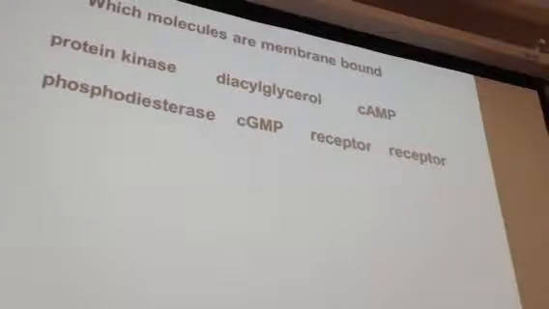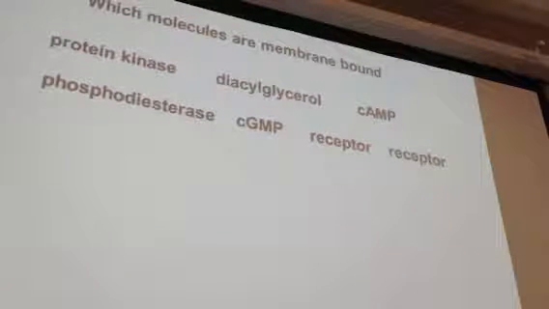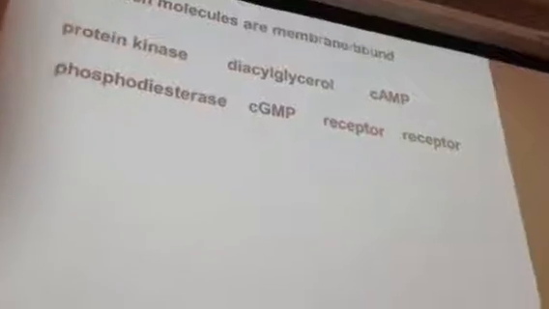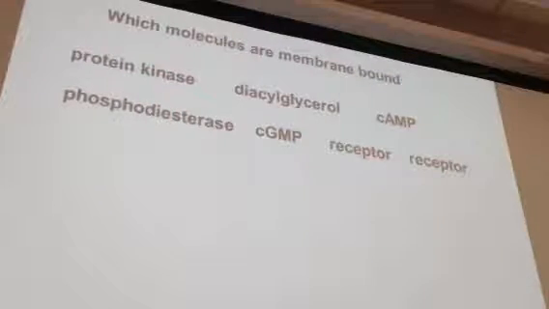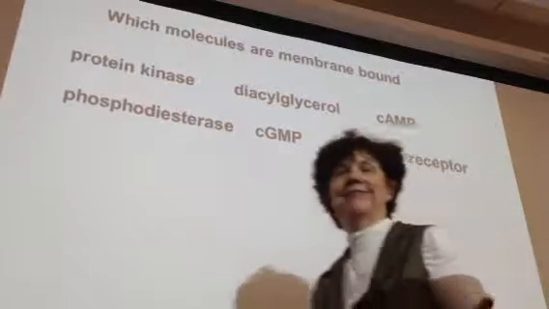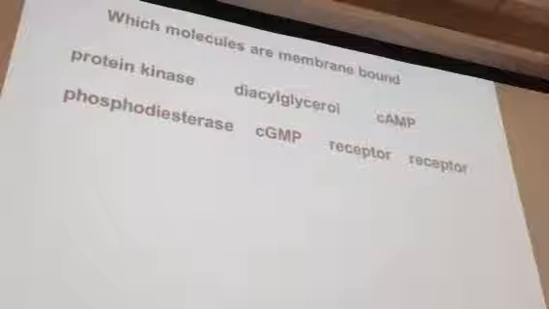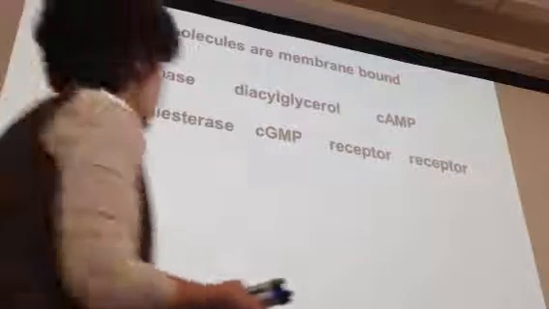So, which of the molecules are membrane bound? You've got this stack of flashcards. I put a few up there. The diacylglycerol is membrane bound, though 2 years ago it would have been listed as not. Receptors are also membrane bound.